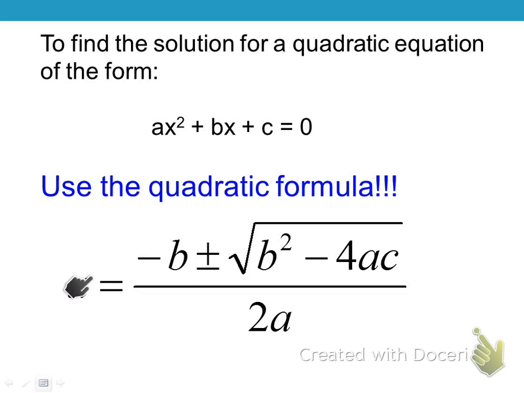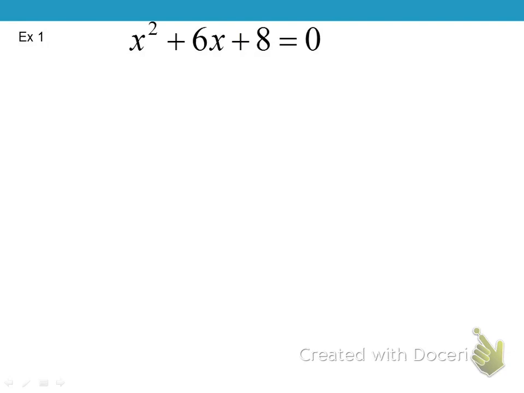X equals negative b plus or minus square root b squared minus 4ac all over 2a. Beautiful. We will sing that song at the beginning of every example today. Are you ready? All right, number 1.